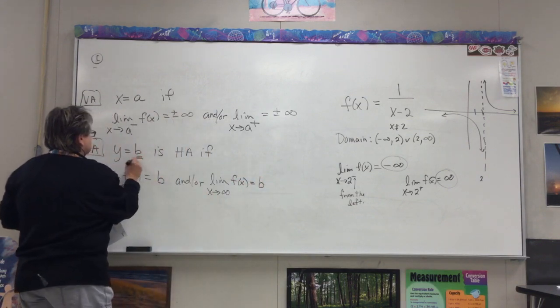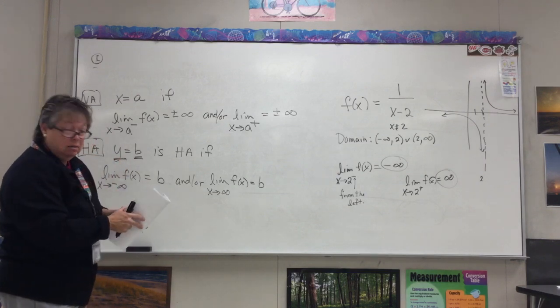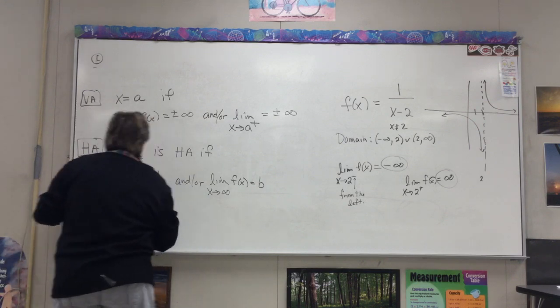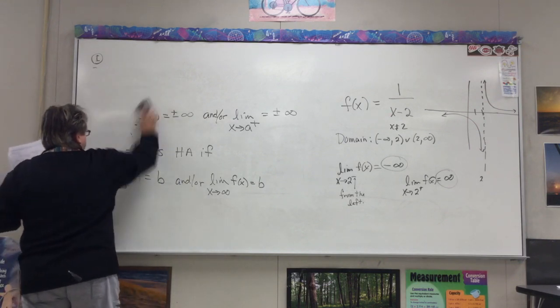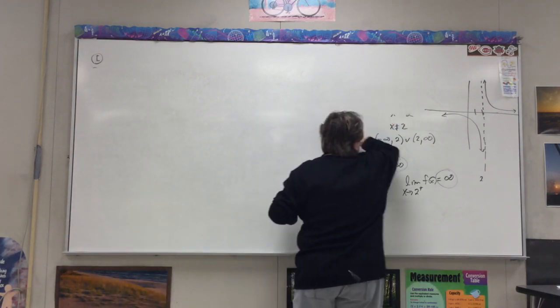If that happens, then we have a horizontal asymptote at b, okay? All right, so let's take a look at a full example. Erase this real quick.